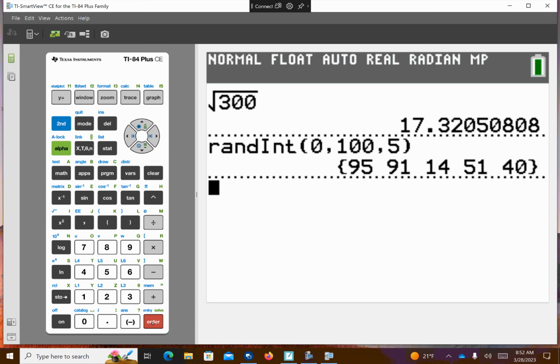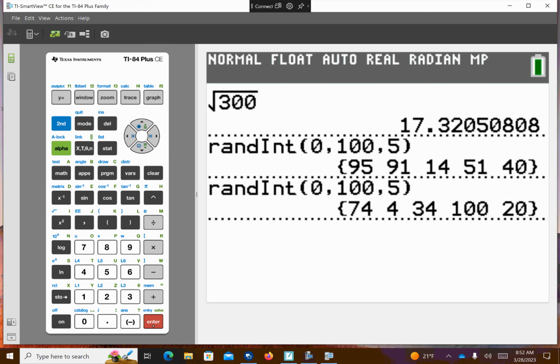It's not until you do it a second time that it truly comes out to a random situation where it's now different. But there's a certain default on the TI graphing calculator that if you do a random integer, the very first time you do it comes up with the exact same thing.